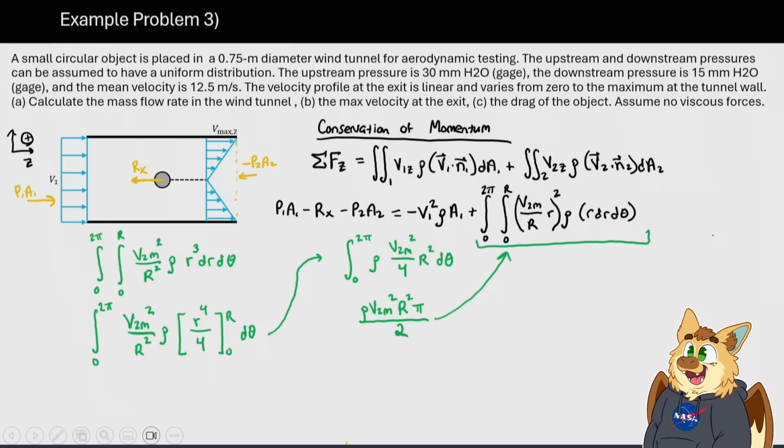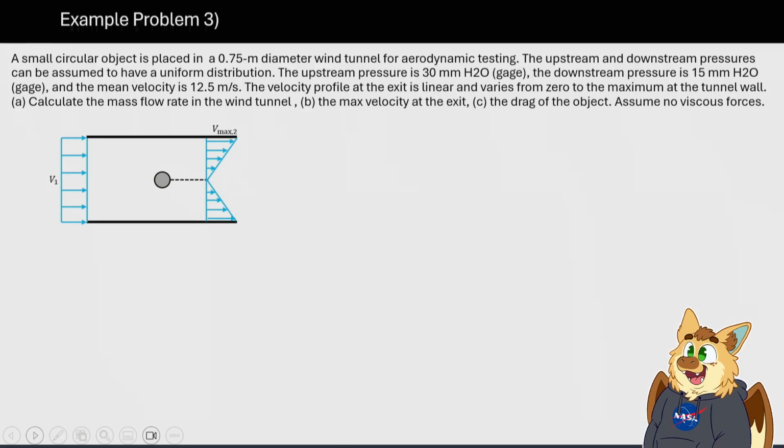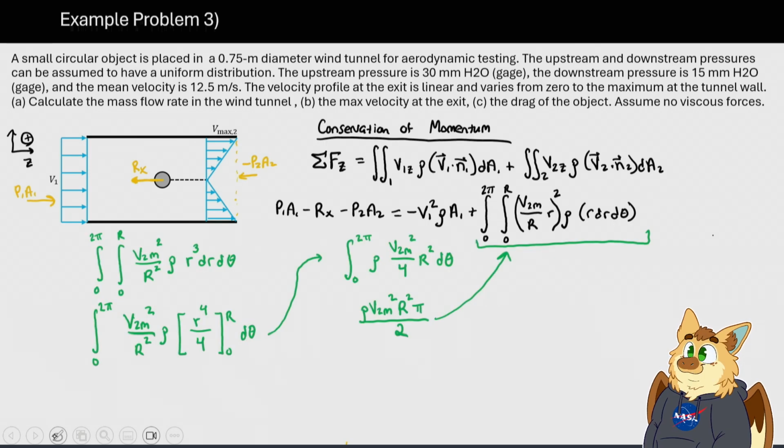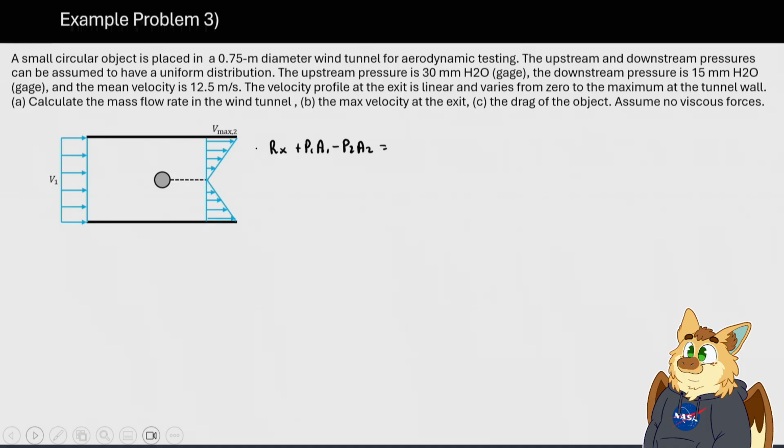So let's go to the next slide, and we can rewrite everything out here nice and neat. I'm just going to start off with our reaction force, which will be Rx plus P1A1 minus P2A2 equals, just going to go back and make sure here, Rx is negative, just to confirm that.